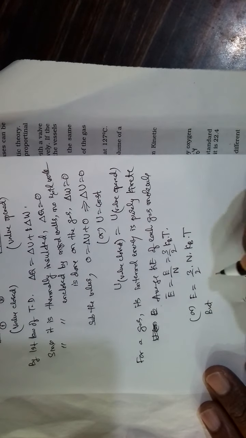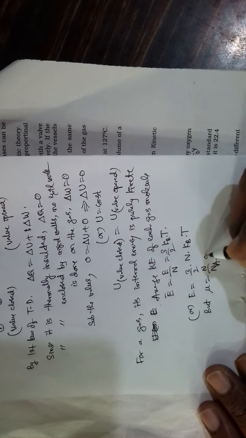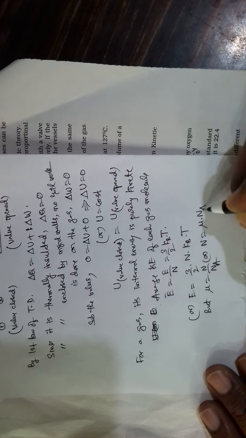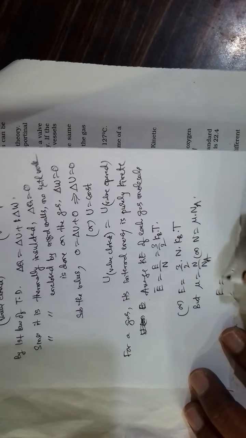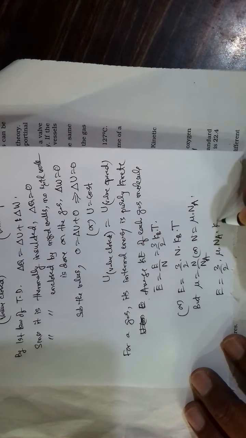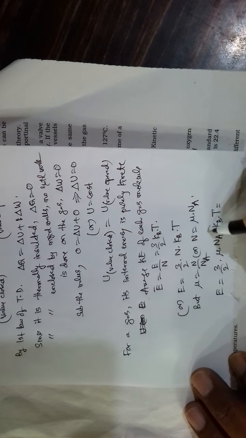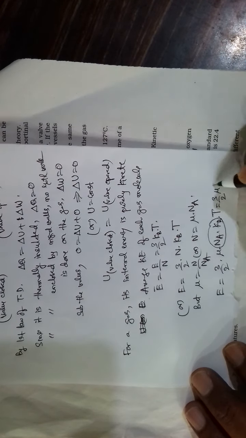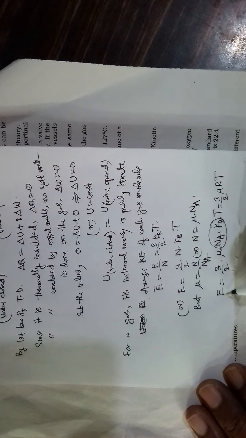But mu is equal to N by Na, or N is equal to mu into Na. Substituting this, we get E is equal to 3 by 2 mu Na kBT, that is equal to 3 by 2 mu R T, since Na into kB is capital R. And what is this E?